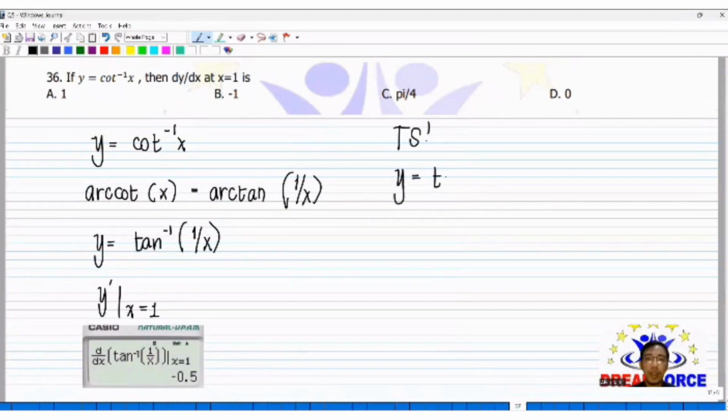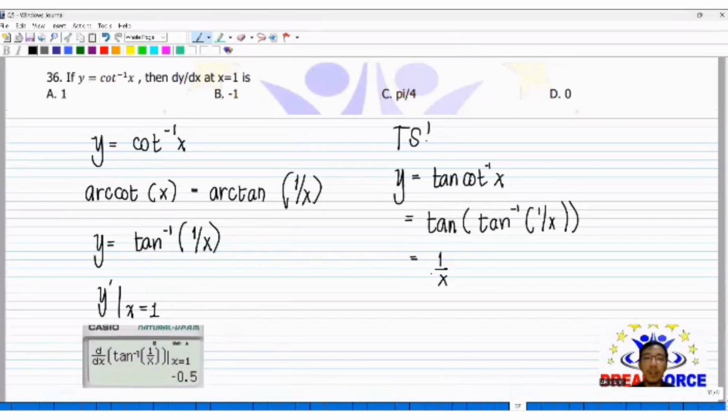Y must equal to tangent of the inverse cotangent of x. Ito dapat yung problem. Okay, sabi natin, ang inverse cotangent is parehas lang yan sa arctangent ng 1 over x. O, ano ba ang tangent ng inverse tangent? Di ba magka-cancel? So, yung y magiging 1 over x.